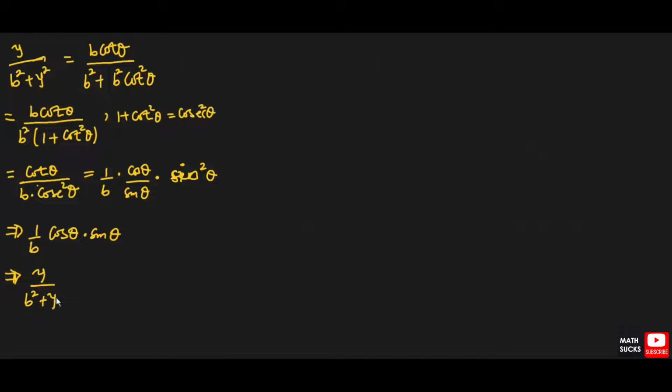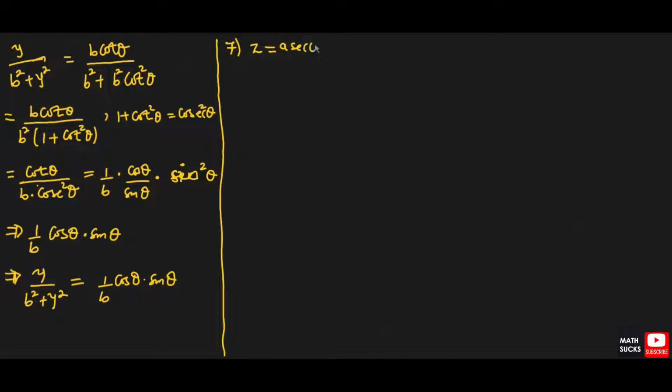So y over the square root of b squared plus y squared is the same as 1 over b cos of theta times sine of theta. That is our simplified expression when you have y as b cot of theta. So let's move on to the last question, which is question 7.